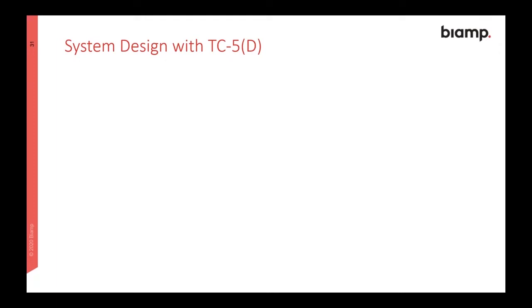AVB is more efficient when you consider Biamp products. It is a native protocol, and it's less expensive as well. Dante is licensed, so whether it's Biamp or third-party devices, your cost will go up slightly as the number of Dante channels increase.